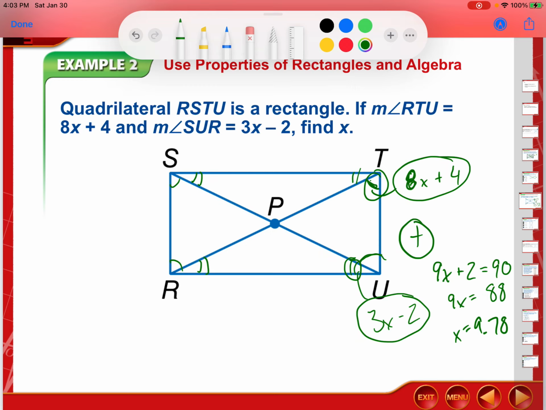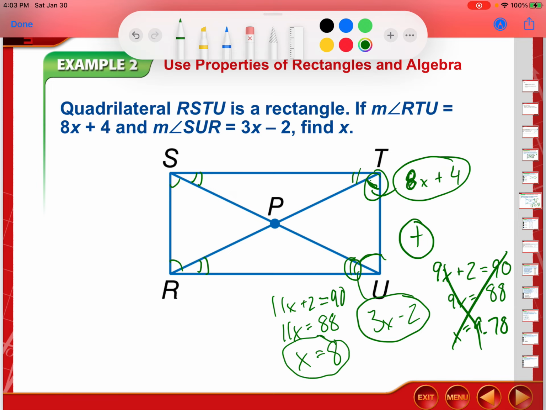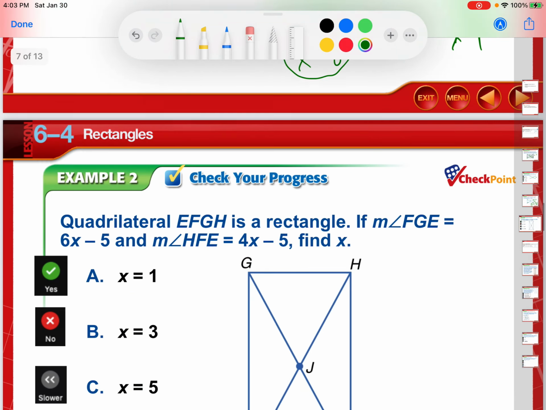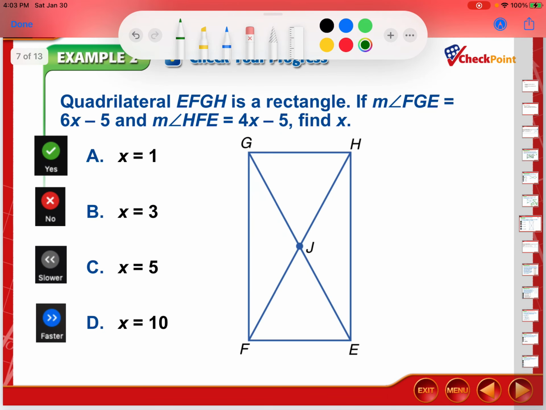It should be 8x plus 8, which would leave us with 11x plus 2 equals 90, which is going to give us a much better answer. 11x equals 88, which would mean x equals 8, which is a much cleaner number. Silly mistakes, they get us all.